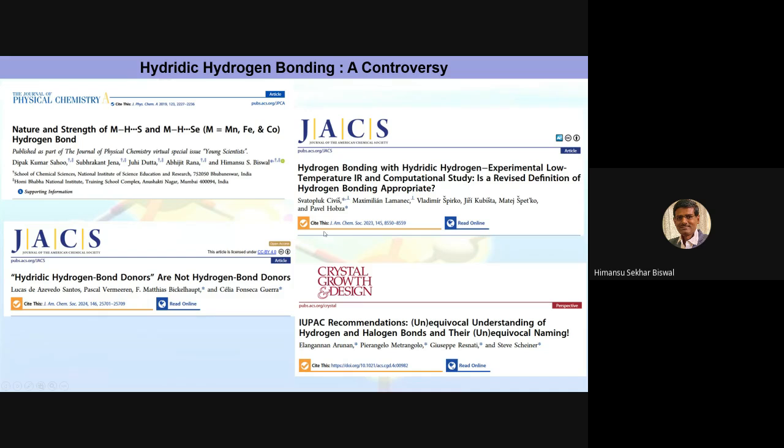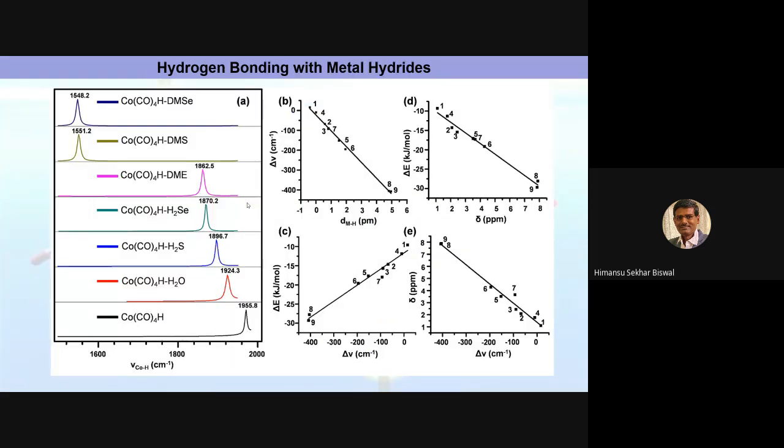So fortunately or unfortunately, none of them actually cited our work. In all these three papers, we have categorically shown by calculation that the H is minus and there is no secondary interaction, still it forms a hydrogen bond. We need to prove it experimentally. And as I said, it has a spectroscopic signature.